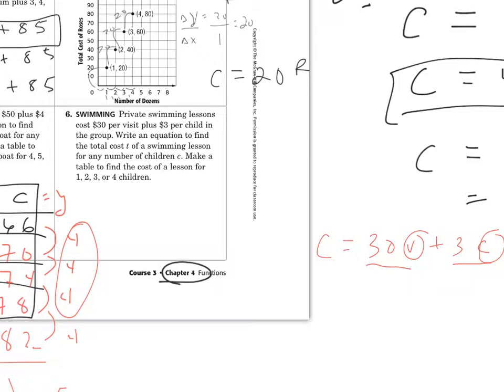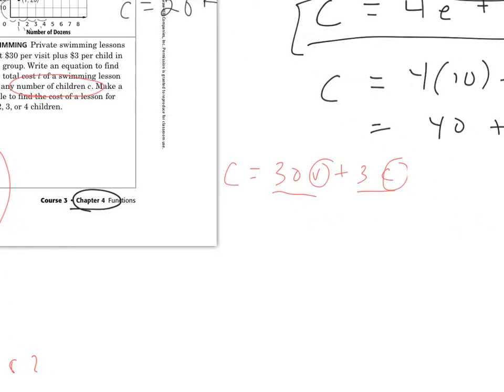So the next sentence says to write an equation to find the total cost T of a swimming lesson for any number of children C. So it's telling us that it wants us to keep the number of children and not worry about the cost per visit, but rather how many kids you piled into the van to go to the swimming place.